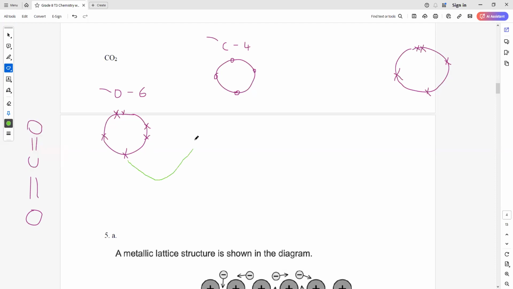Now this and this will share, and this will share. Okay, this is paired, and this is also paired.